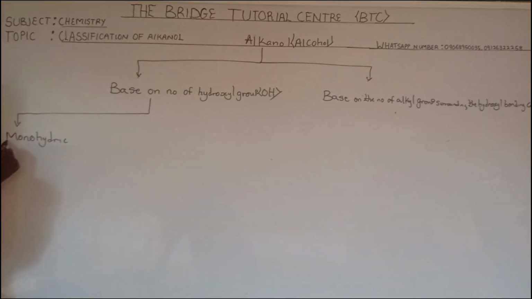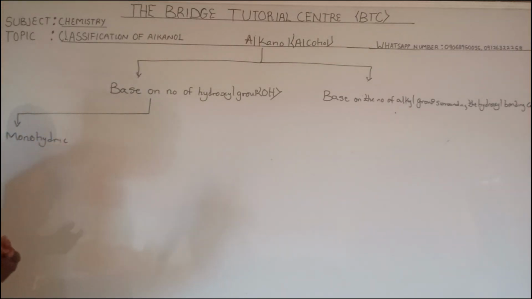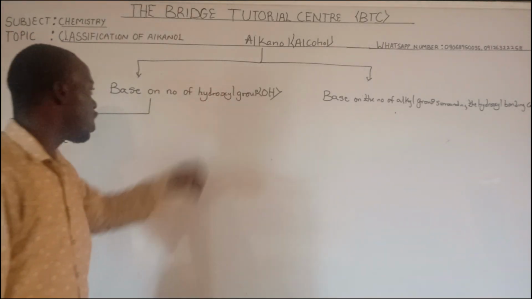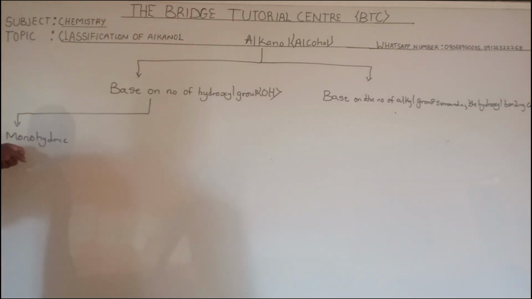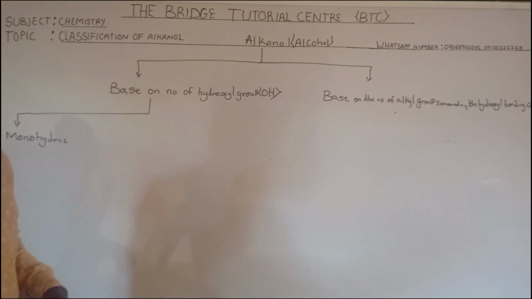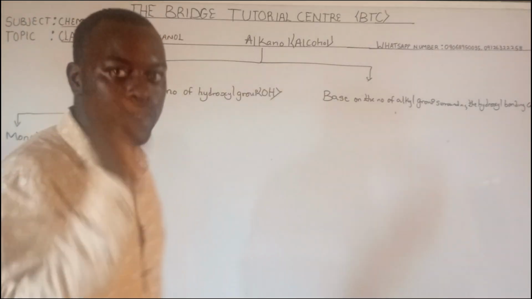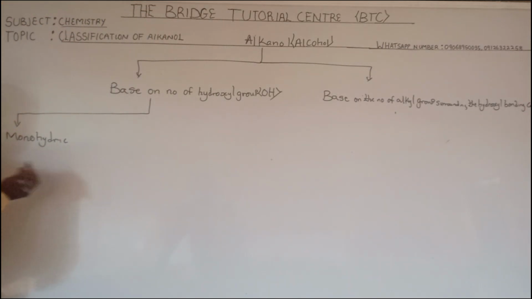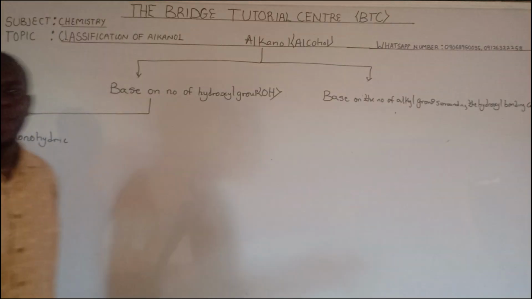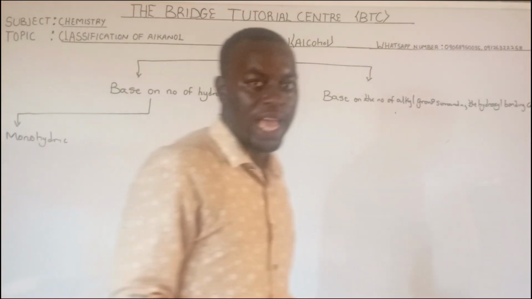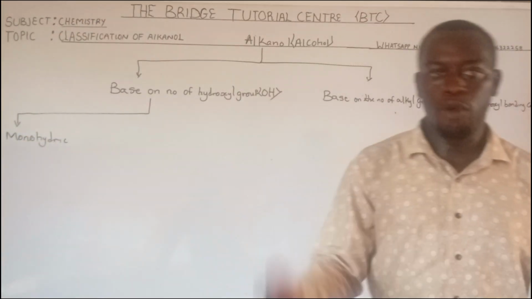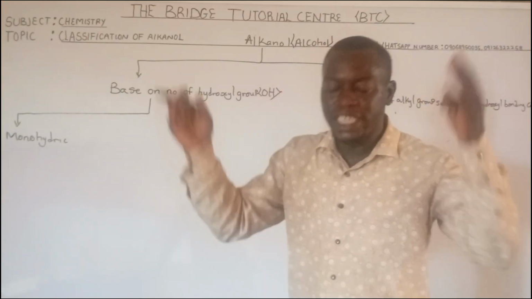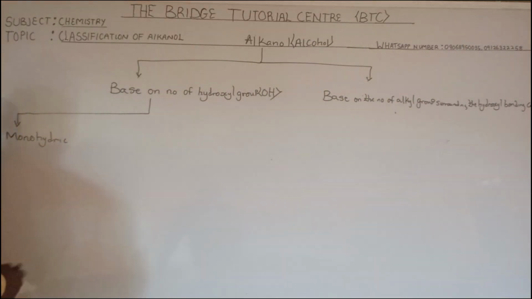From mono, we all know they are talking about one, and hydric, that's hydroxyl group. So these are alkanol with one hydroxyl group. That's monohydric alkanol. A typical example are all those normal alkanol like methanol, ethanol, propanol, butanol, etc. All of them are monohydric.